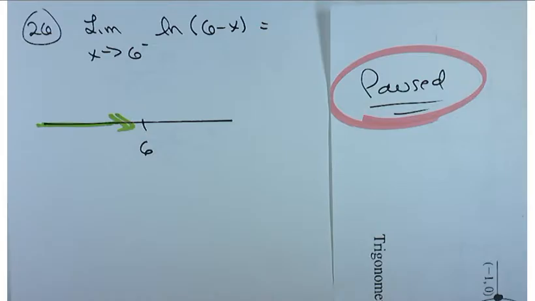Doing this one numerically is a little bit tough because it's tough to get convincingly close enough to 6 to really see what's going on.